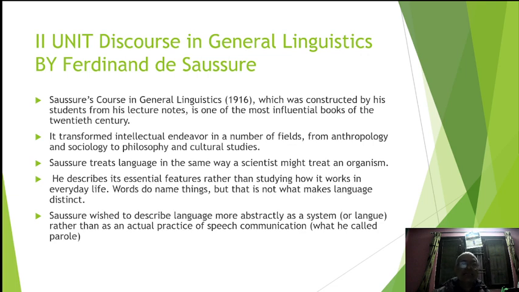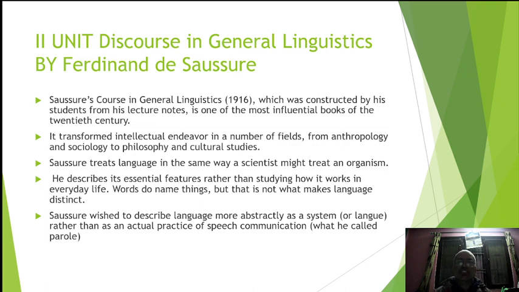Right now, another idea is Course in General Linguistics by Ferdinand de Saussure. Almost the same idea. Saussure's Course in General Linguistics was published in 1916, constructed by his students from his lecture notes. That is the text; his lecture notes later became the text.